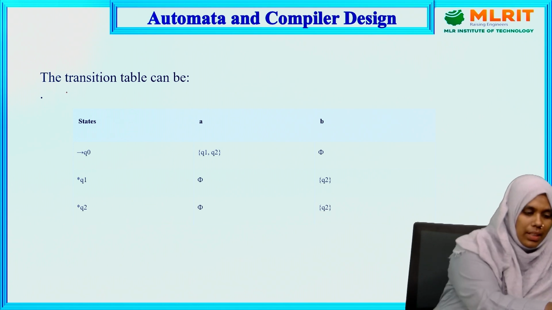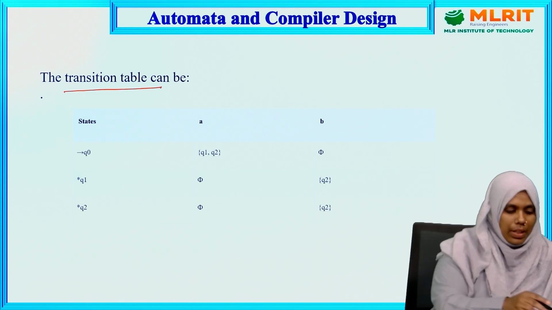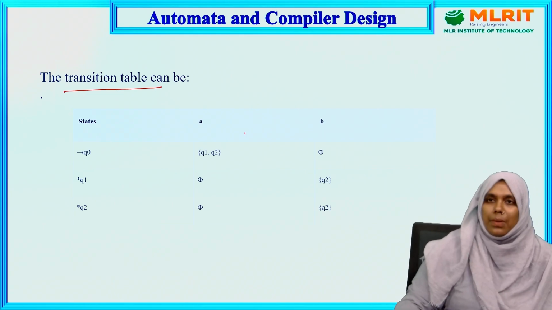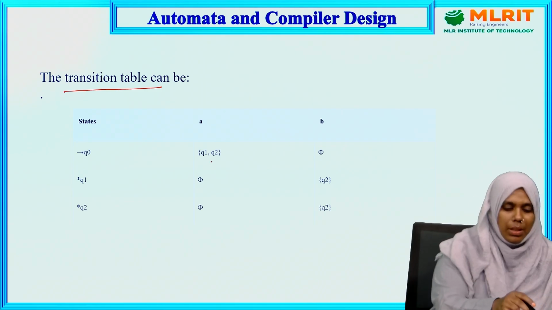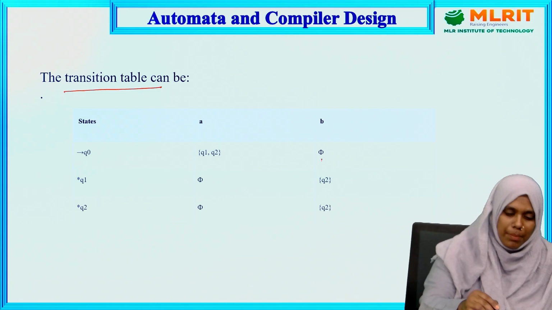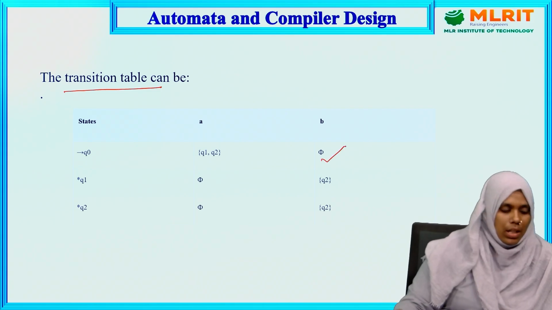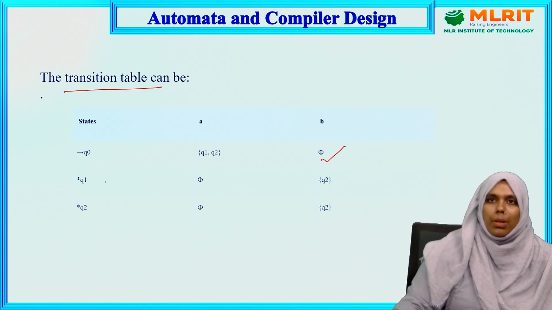This table is known as the transition table. Here you can see that we are using only 2 input symbols. We are not using the epsilon transition. So Q0 comma A is nothing but Q1 comma Q2. If we don't have any transition, simply we write null. This is the transition table for the above transition function, right?